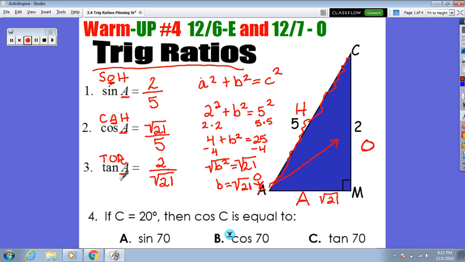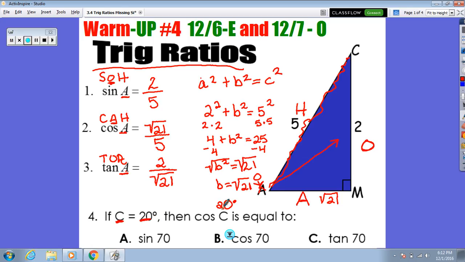Alright, so at the bottom we're reviewing our rule that we learned about the cosine and the sine cofunctions. So if I'm looking for the cosine of C and they say that C is 20 degrees, that means I'm looking for the cosine of 20 degrees, because look, they said C is 20.